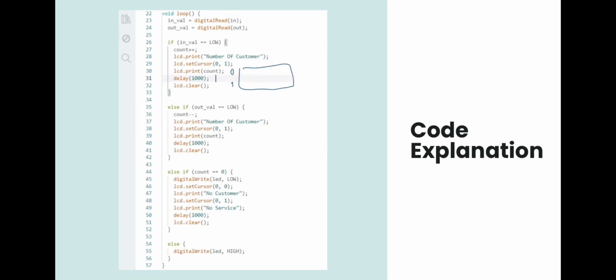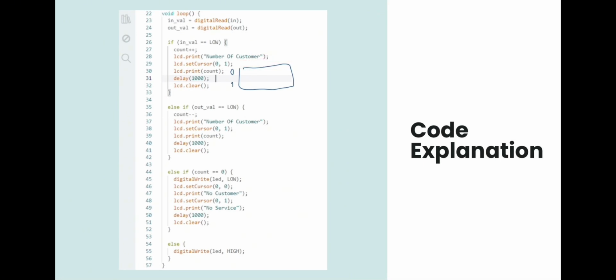Now I think I have to say something: I have used a 16x2 LCD, which means the first row is indexed as row 0, the second row is row 1, and the columns go from 0 to 15 starting from the left.